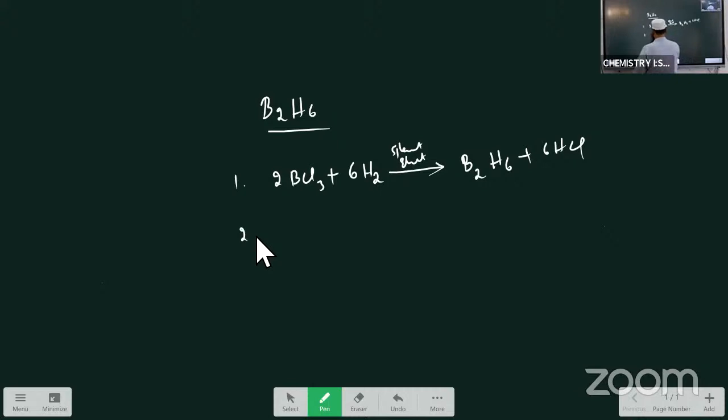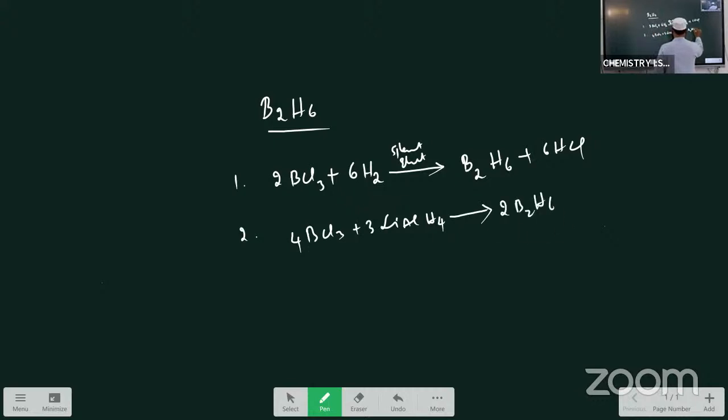I am taking boron trichloride once again, and it is reduced with lithium aluminum hydride, LiAlH4. Take 4 moles of BCl3 and 3 moles of LiAlH4. Upon the reduction of BCl3, you see diborane.